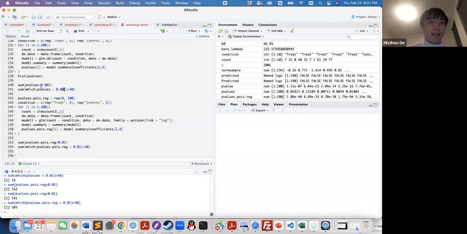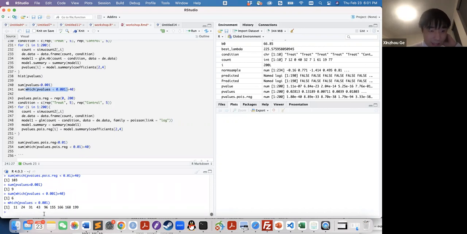So if we make the threshold 0.001, we can see that this time we only have 9 discoveries, and we still have 6 false discoveries. So the proportion is still large, and it still does not totally solve our problem.